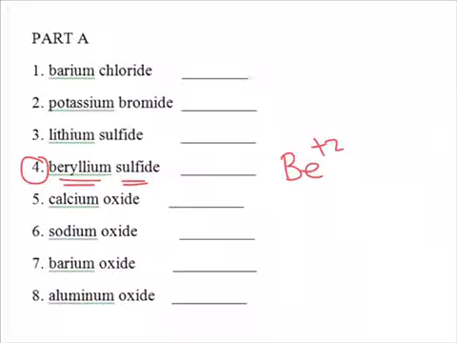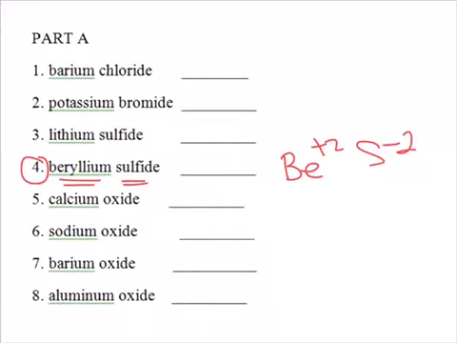Well, you look at the root word, sulfur. It's a negative 2. Where am I getting these numbers? I'm looking at the periodic table at the numbers I just wrote down on there. So a positive 2 and a negative 2, they're going to cancel each other out.